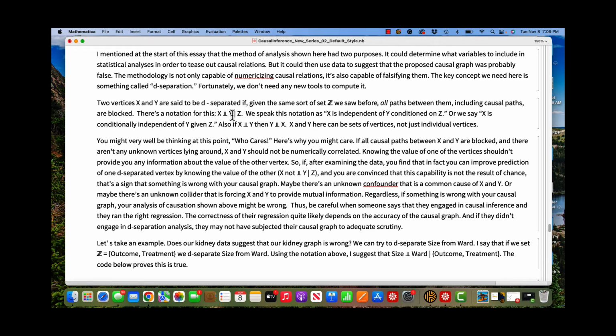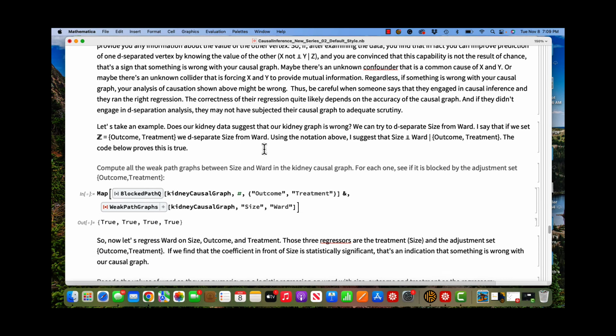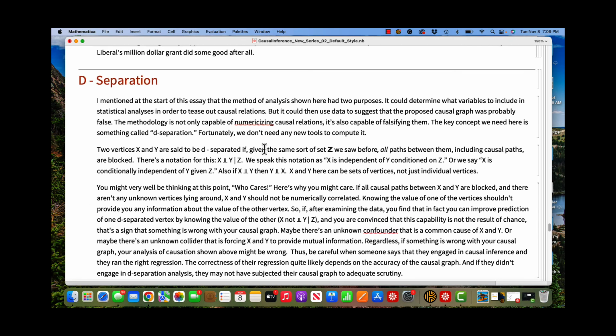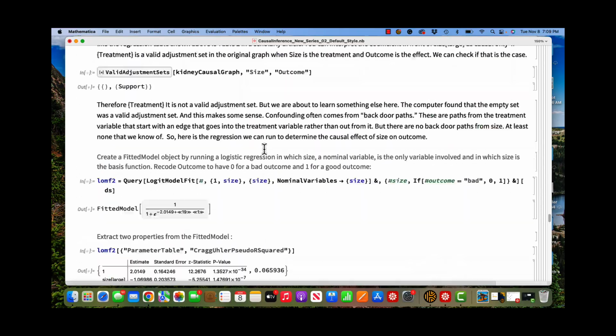That is, x and y should be independent, conditioned on z. That's what this notation means: independent of, conditioned on z. So, for example, can we D-separate size from ward? Okay, and so let's look at our graph.